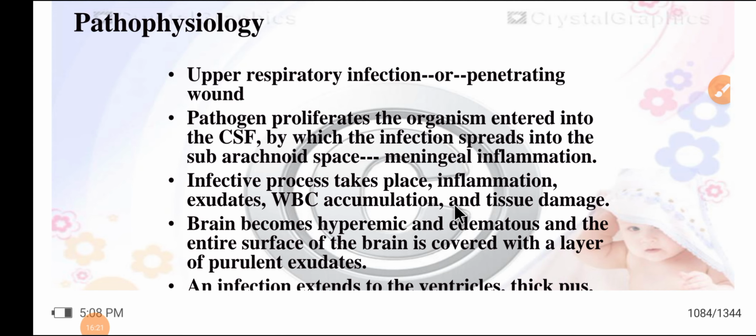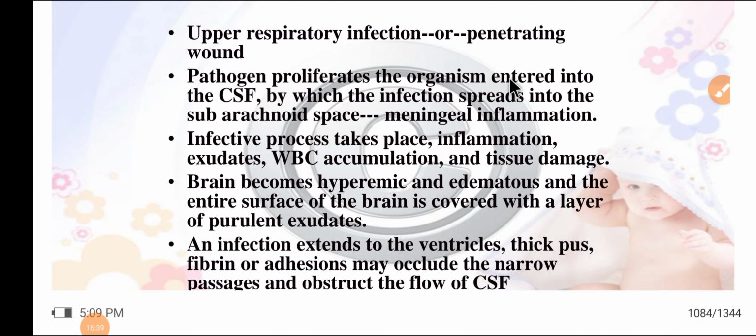Inflammatory exudates, WBC accumulation and tissue damage. The brain becomes hyperemic and edematous, and the entire surface of the brain is covered with a layer of purulent exudates. An infection extends to the ventricles.